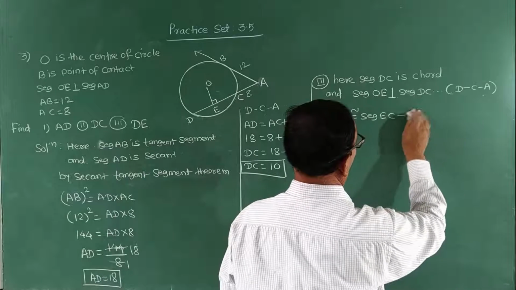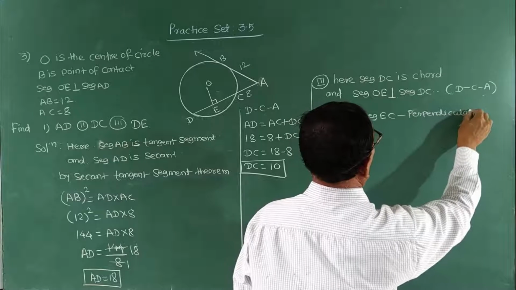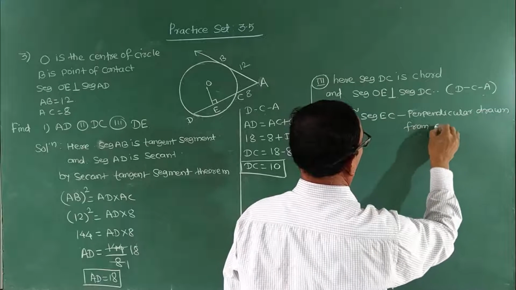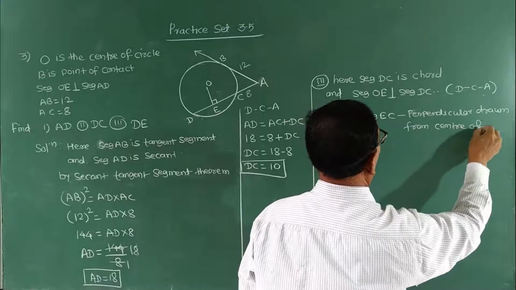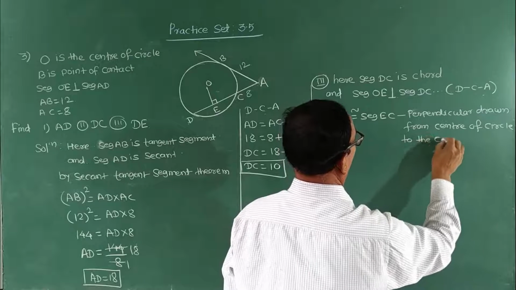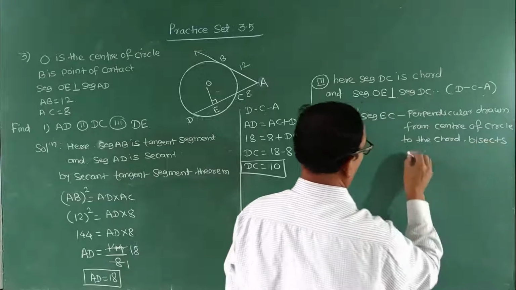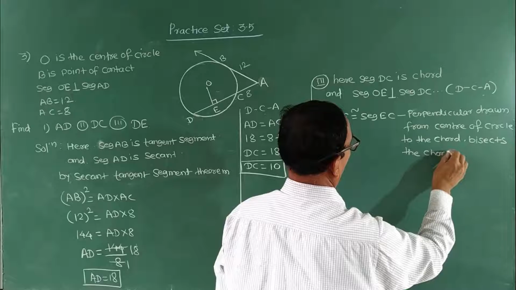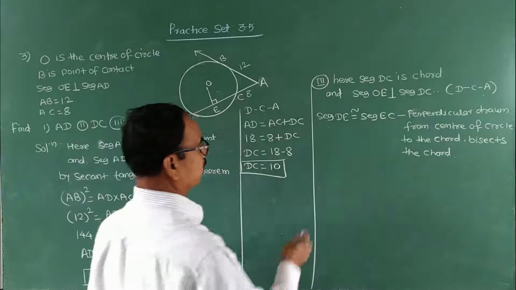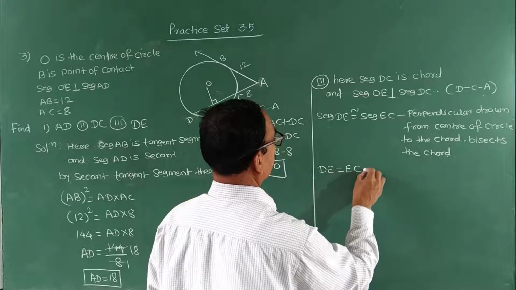Perpendicular drawn from center of circle to the chord bisects the chord. म्हणून आपण सेगमेंट DE आणि सेगमेंट EC कॉन्ग्रुअंट आहेत असं दाखवलं. याचाच अर्थ DE आणि EC ही लेंथ दोन्ही सारख्या आहेत.